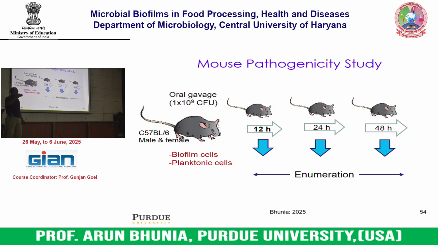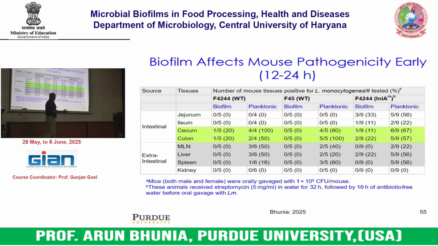Make sense? This is how we know how well they are infected. So at 12 hours, I know this is a big table, trying to make you understand a little bit. This is intestinal: jejunum, ileum, cecum, colon. Then this one is mesenteric lymph node, liver, spleen and kidney. So what we are looking at is how many bacteria arrive at these organs, right?